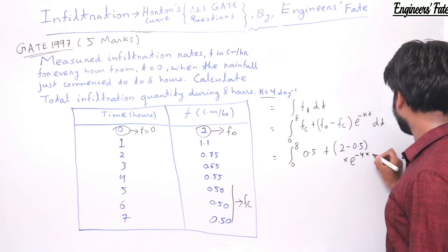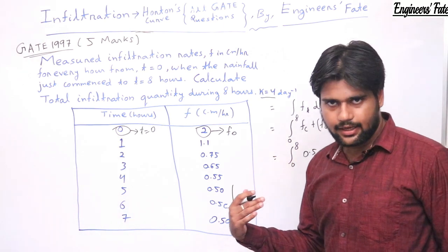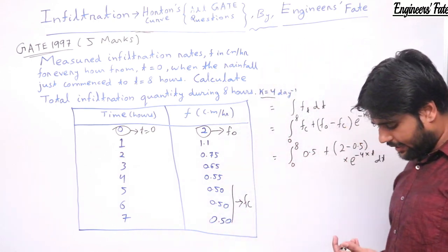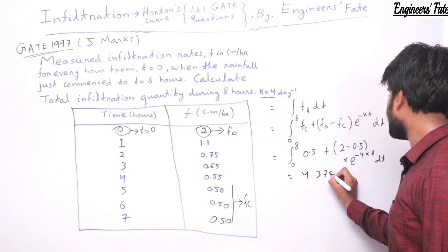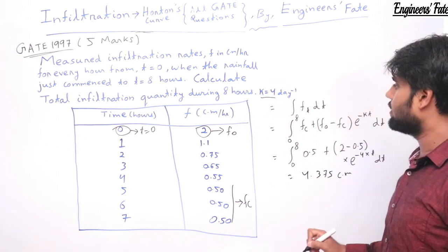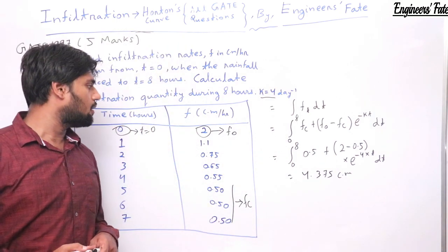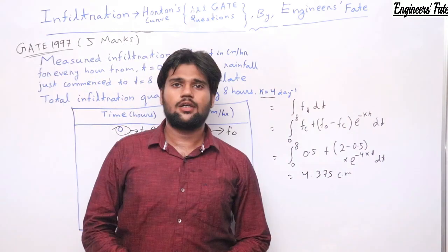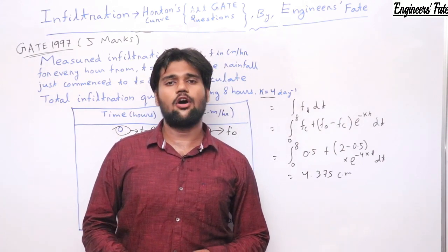If you integrate this, you will get the value 4.375 centimeter. So I hope you have understood this. Please note it down. We have solved all the questions asked in GATE from Horton's equation.